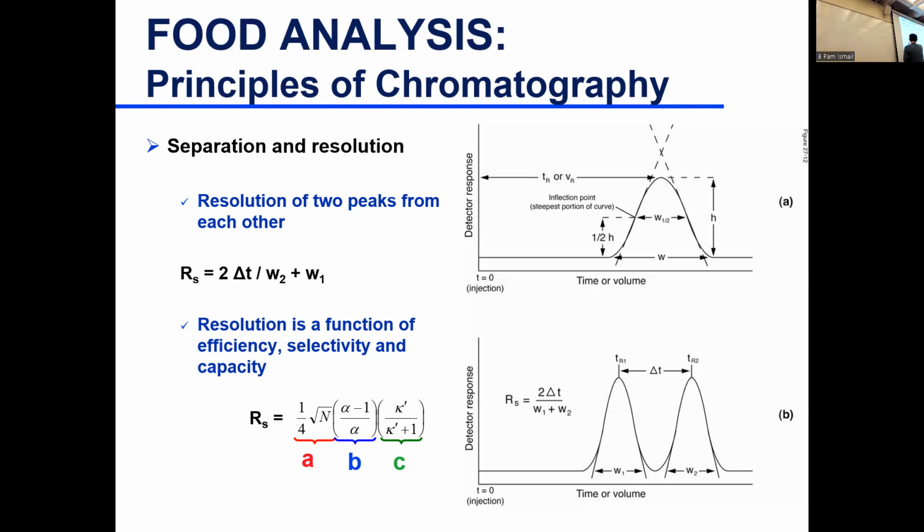W2 is the width of the second peak, together with the width of the first peak. So it's an inverse relationship to the width. That's something I wanted you to remember. The wider your peak, the poorer your resolution. The sharper your chromatographic peak, the better your resolution is going to be. So you always want those sharp, nice peaks.